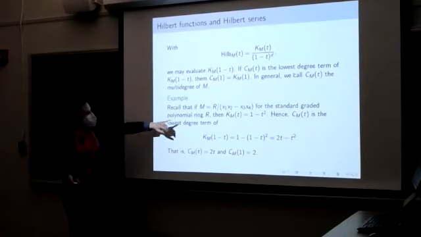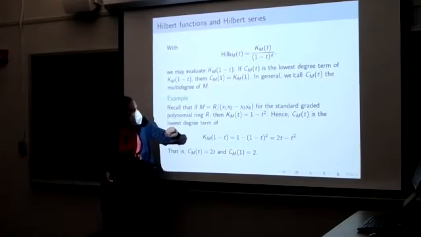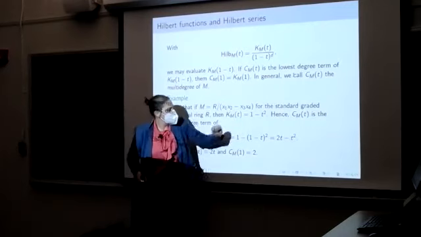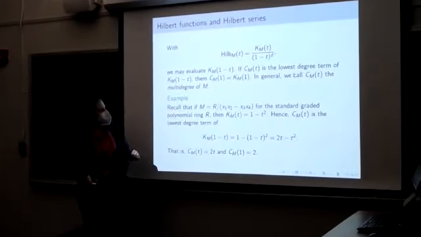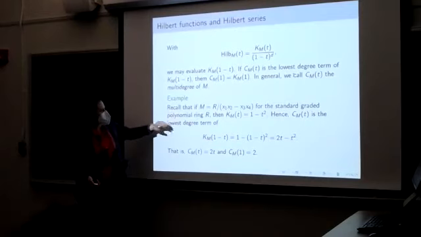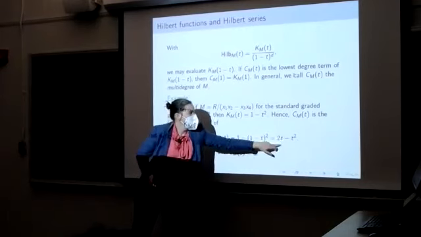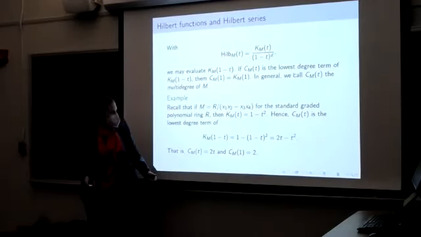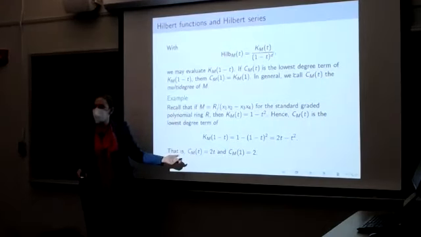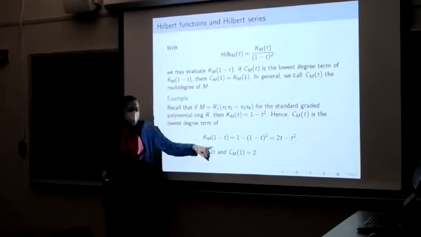So an example of that is starting from our favorite quotient ring again. We do our change of variables, we get 1 minus t squared. Then we do our change of variables. And the lowest degree term is just this 2t part. So if we evaluate C at 1, we also get 2. So this is our multi-degree.